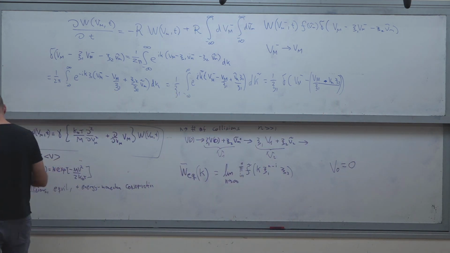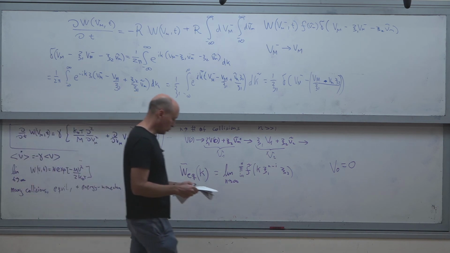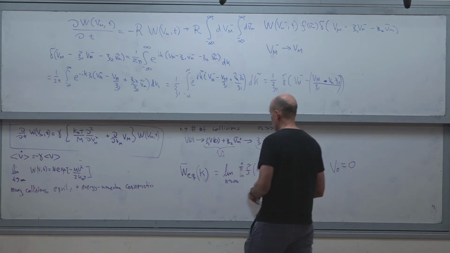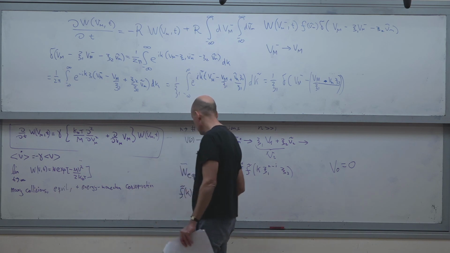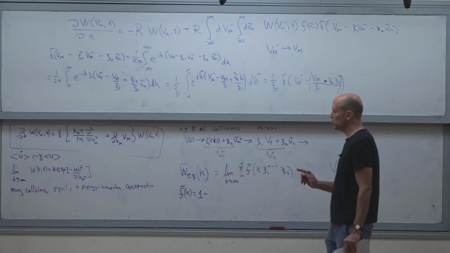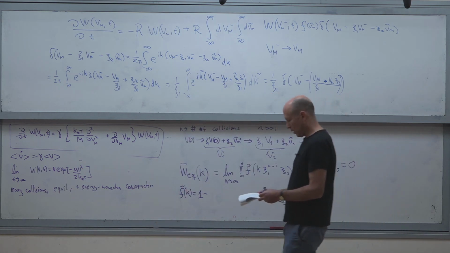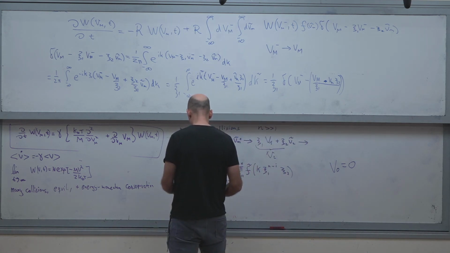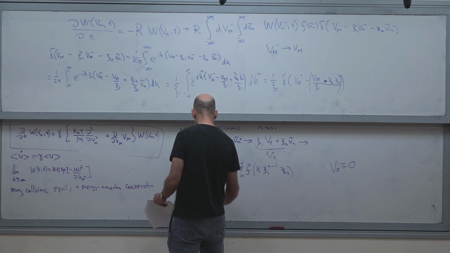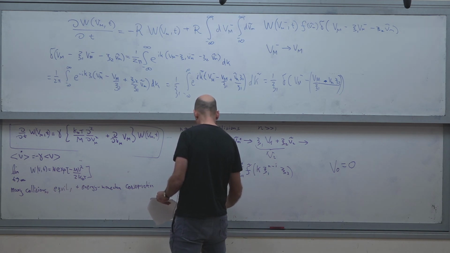So how do you do this? You need to look slightly more carefully. We need to look at the Fourier transform of f of k. As I said before, this is 1. This is normalization. This is the expansion in small k. We have 1 minus k squared times t over m.